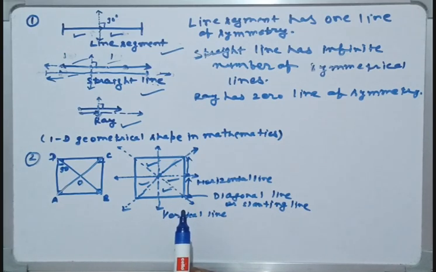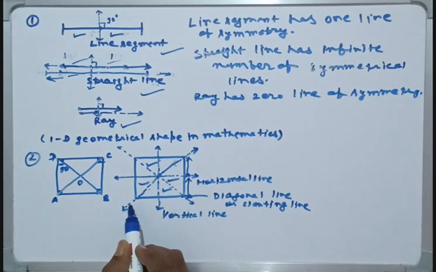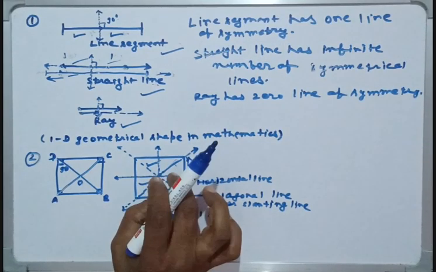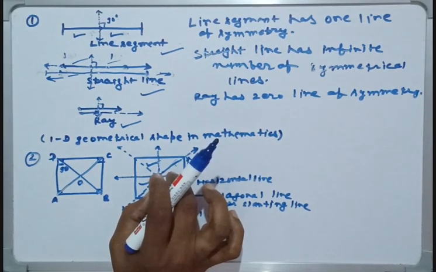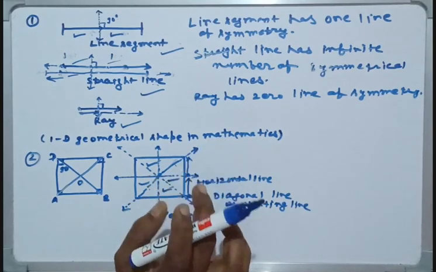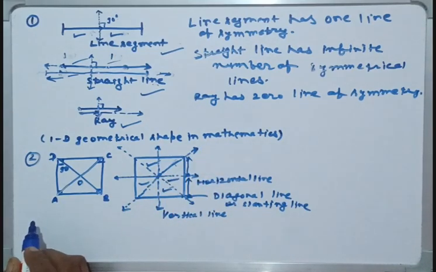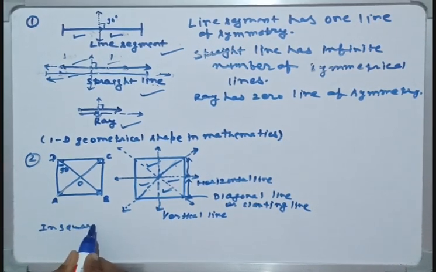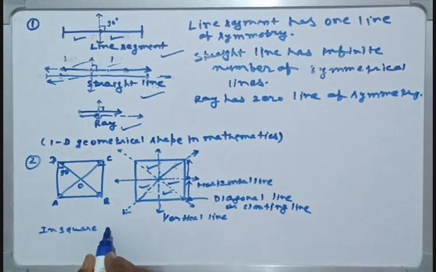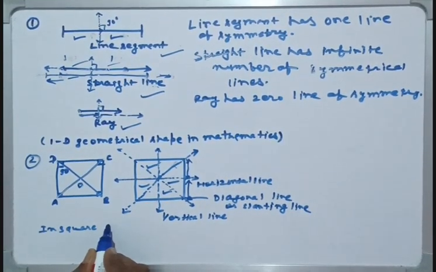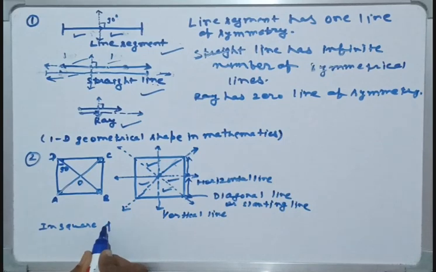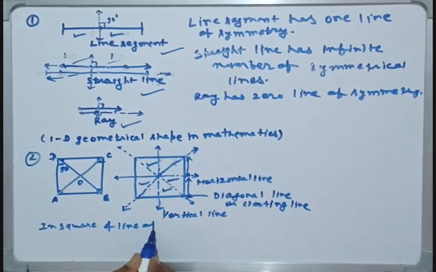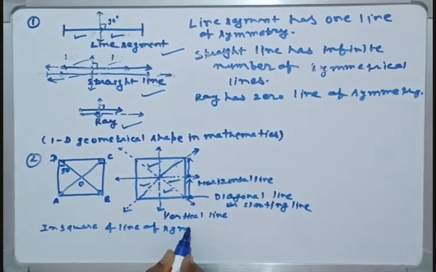Now see about this diagonal also, it divides this square into two equal half parts. So what we conclude here, in a square four lines of symmetry exist.